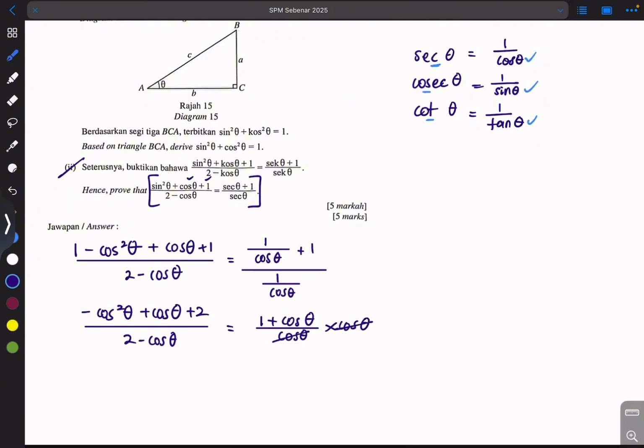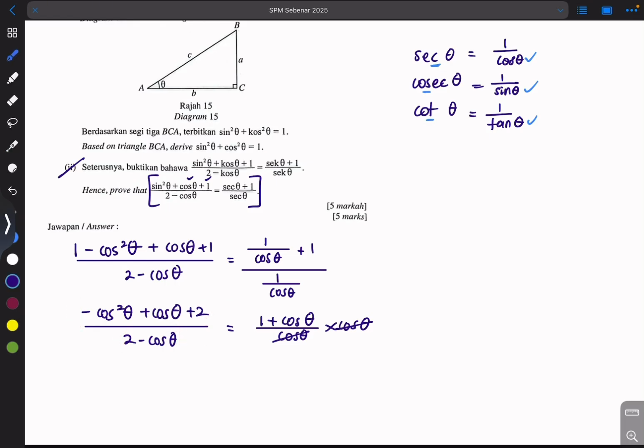Right. On the left hand side, we have a quadratic function here. So what we can do is multiply top and bottom with negative, so we can factorize later.